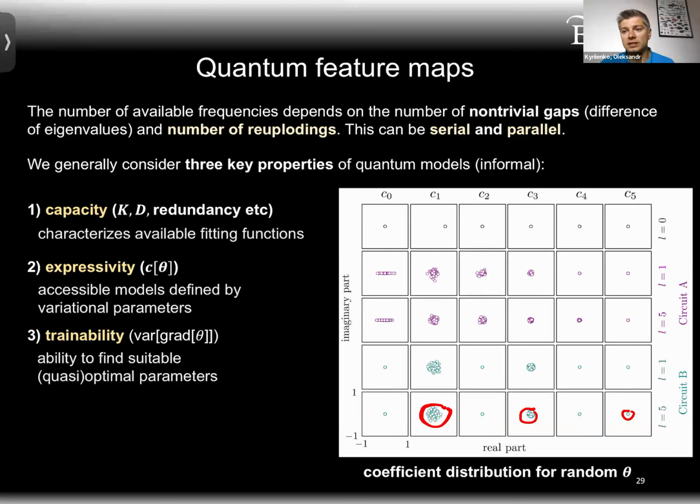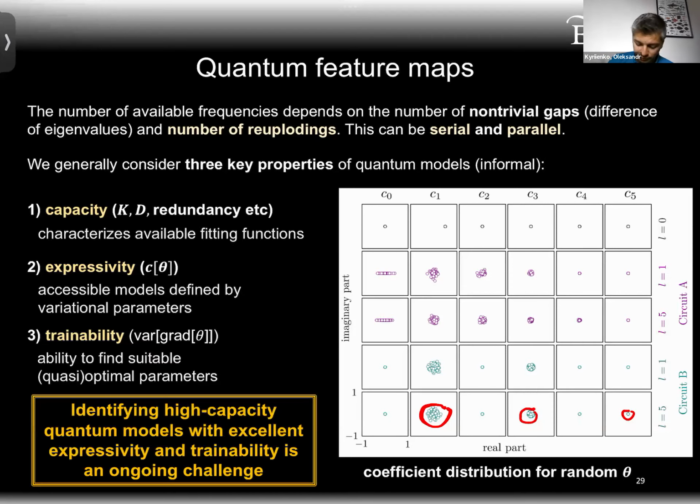So formally, it's defined as the variance of the gradients of your variational angles decreasing with system size, because if you have many options to search, naturally you would expect it becomes difficult to come to an optimum. And since it's a non-convex optimization problem, you don't have a proven convergence to the global optimum. You can be trapped in local minima, and that's actually what happens. You either converge slowly, or get trapped if your ansatz is not suitable. So that's another point you need to be careful with.